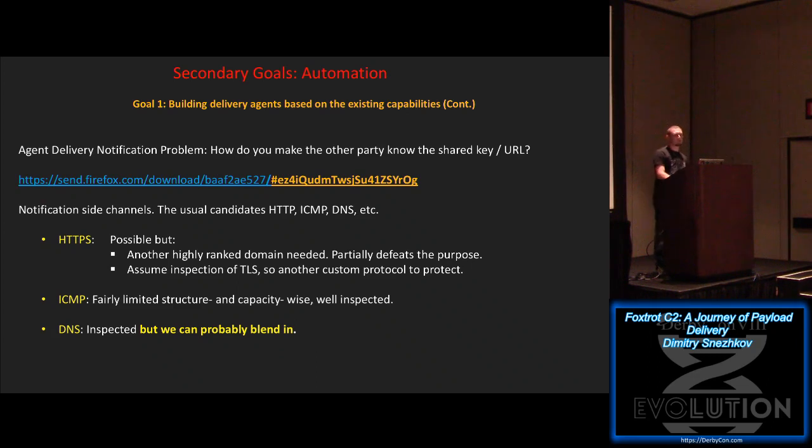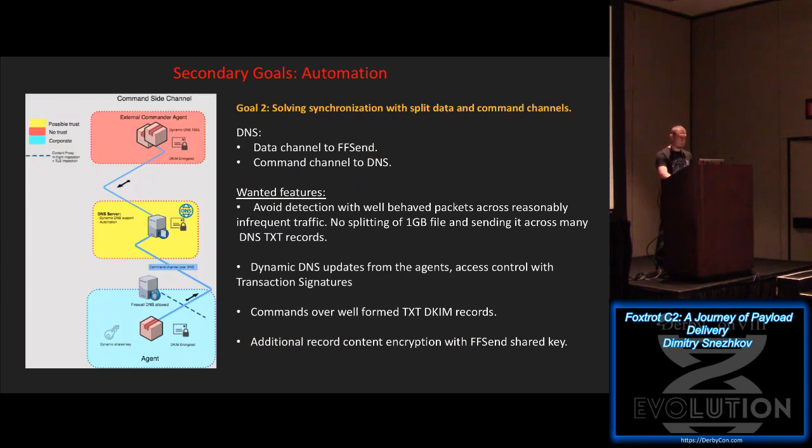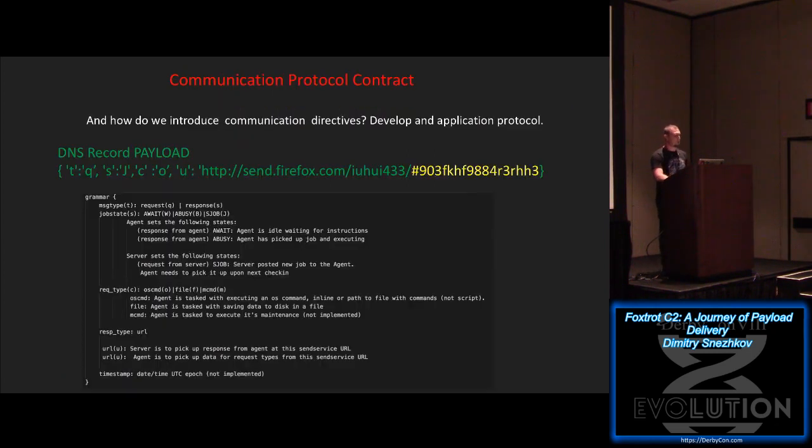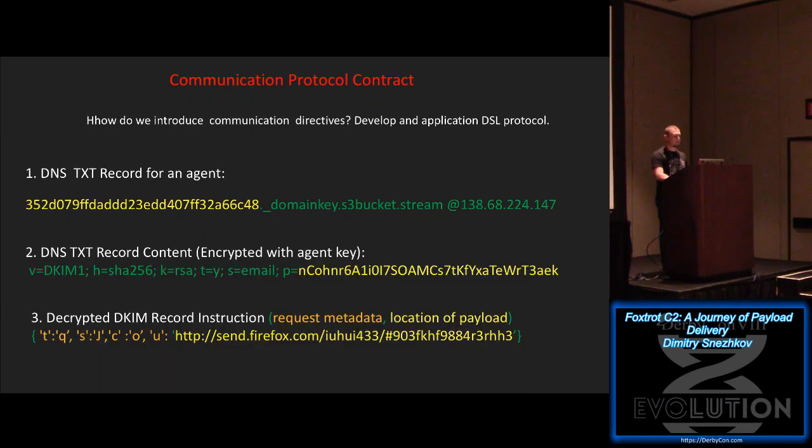DNS is also being looked at by defense, but the way we do it is we're going to try to split the channel from the command and the data and minimize the actual traffic. So essentially, that's our goal number 2. If we employ DNS, we use a custom DNS broker, and we create an application protocol for what to do with that file, or rather a link, on a payload.